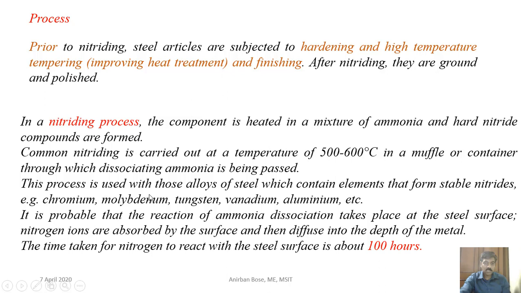This process is used with those alloys of steels which contain elements that form stable nitrides. So along with the plain carbon steel, if you add these alloying elements, that will help in forming the nitrides, because they are strong nitride formers.